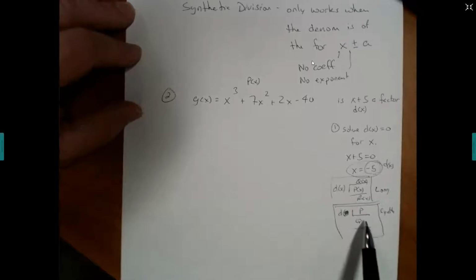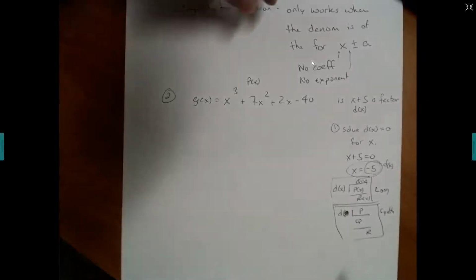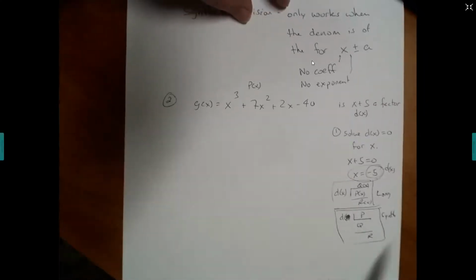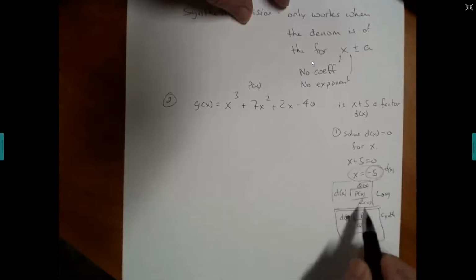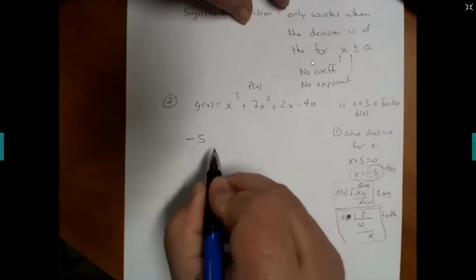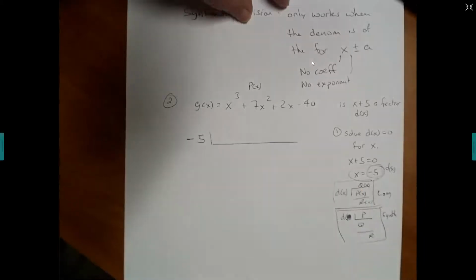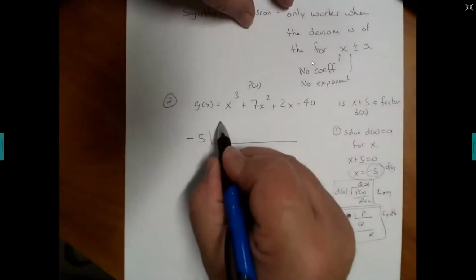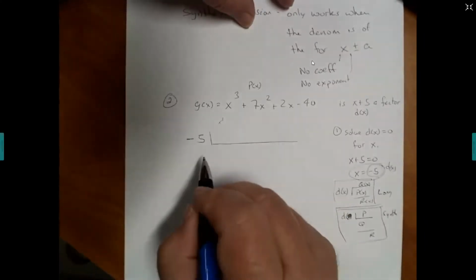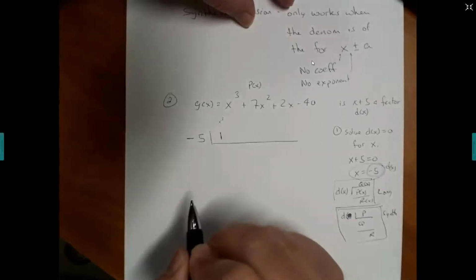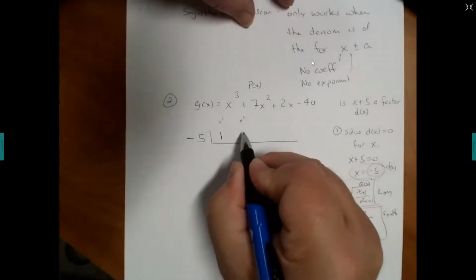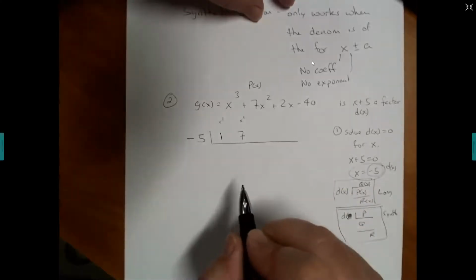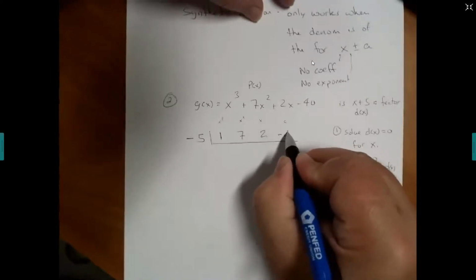You notice there are no variables here. It's just numbers. So for our d, we just use negative 5. And inside here, only the coefficients of x. What's the coefficient of x cubed? 1. What's the coefficient of x squared? 7. The coefficient of x is 2, and the constant is negative 40.